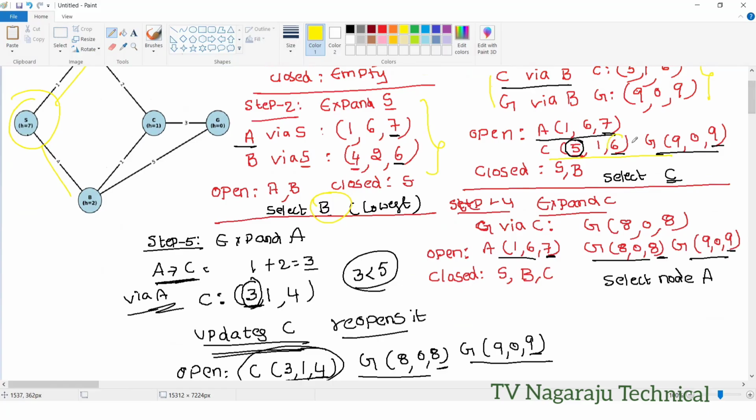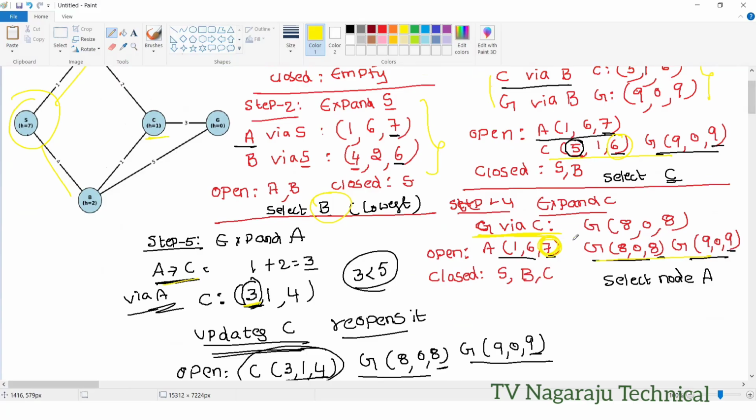Again, among these, C is the minimum value. Even though you are calculating C to A, no need. Why? C to A means S to B, B to C and C to A. Obviously, it increases the cost. That is the reason we are calculating only G. So, update the G value. Again, we are selecting the node A. From node A, if you are calculating C, the cost is reduced.